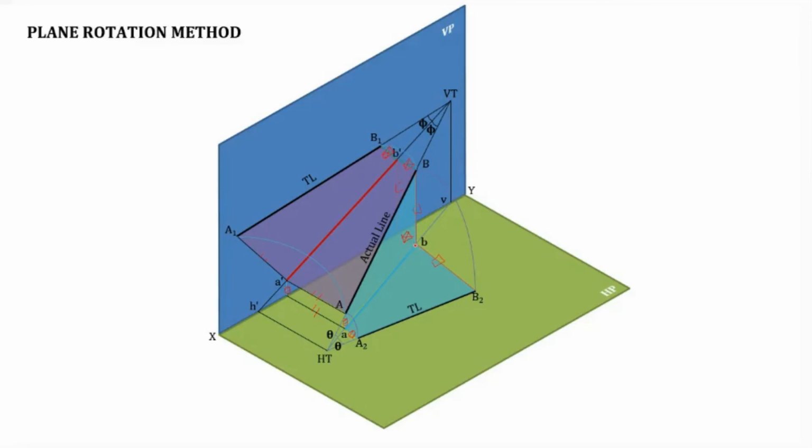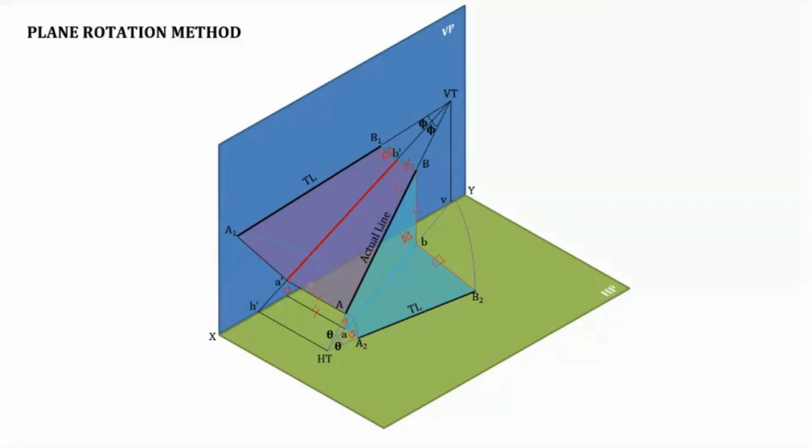Likewise, the A dash A1 distance is the distance of A from the XY line in the top view. And the A2 distance is the distance of A dash from the XY line.